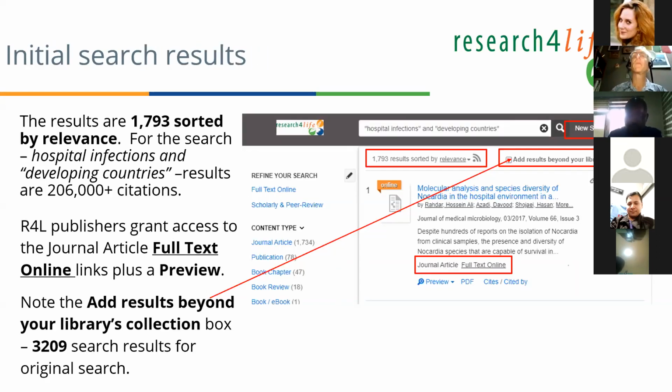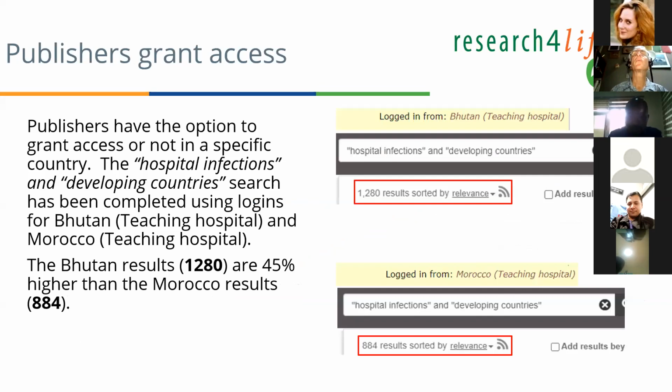So I'm sorry. Let me go on to the next one. Again, publishers choose to grant access in countries. We encourage them to be as broad as possible, but that does not always work. And we keep reminding them of their need to make the material available in all the countries.